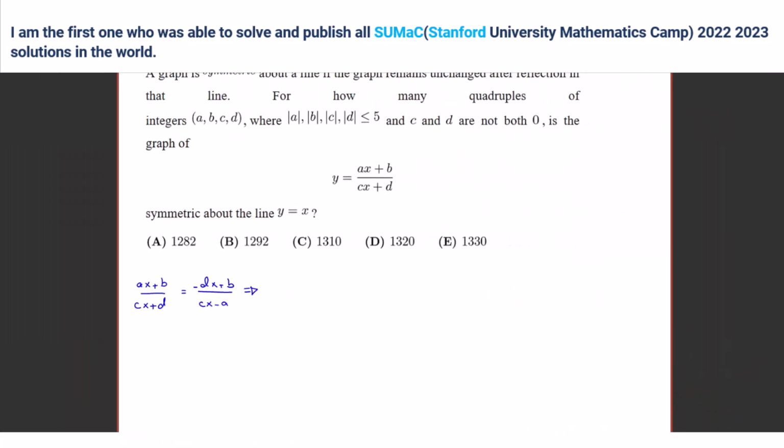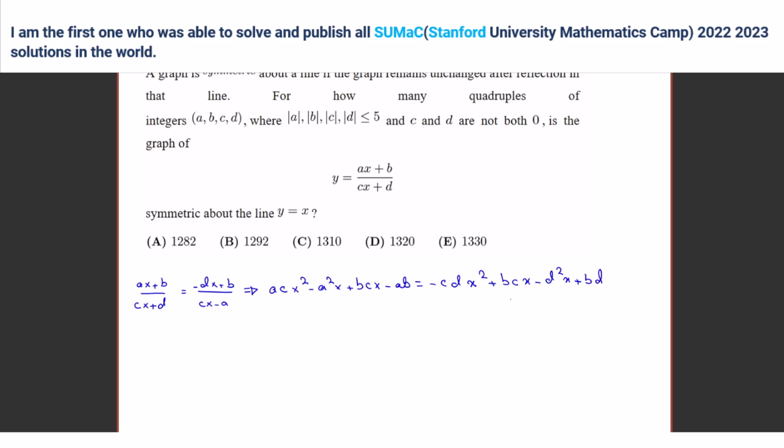I don't get how to do it. Okay, so let's cross multiply. It will be ac x squared minus a squared x plus bc x minus a, right? Is equal to minus cd x squared plus bcx minus d squared x plus bd, right?